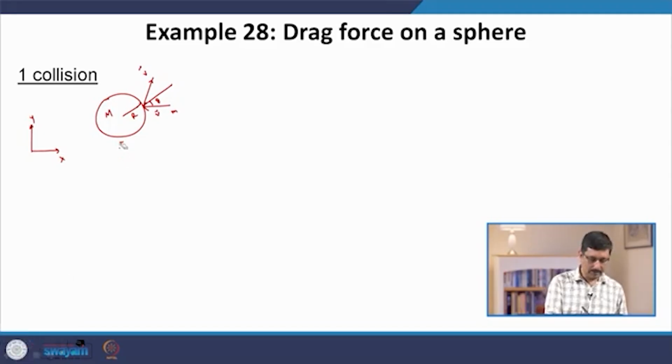So, this is a trick to make the calculation simple, and our first question is how much is the change in momentum during one collision.